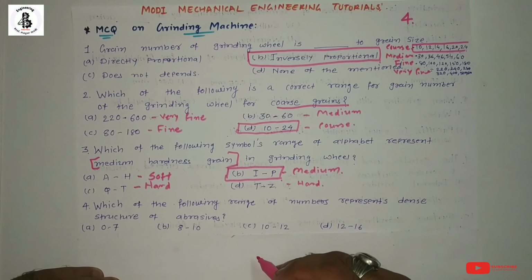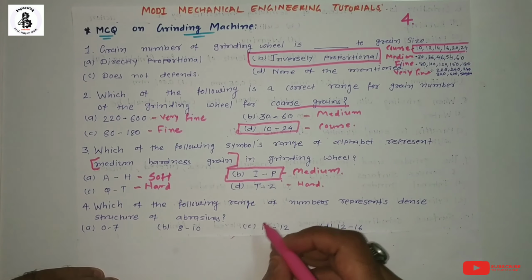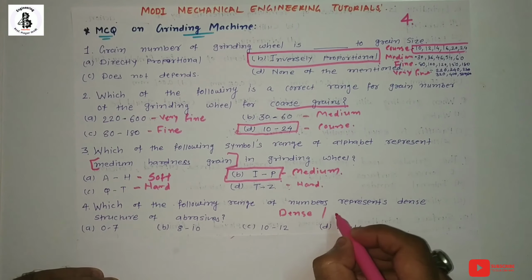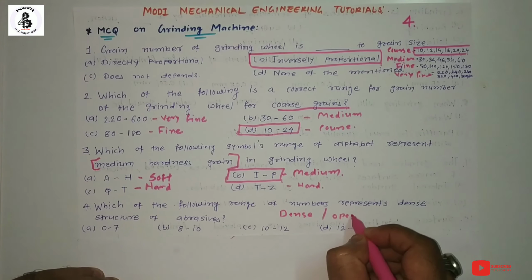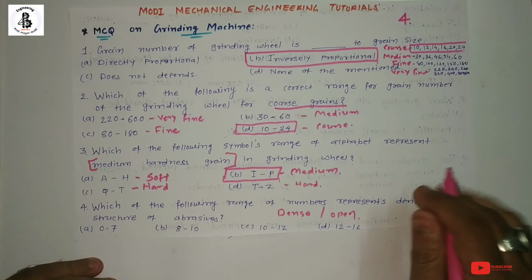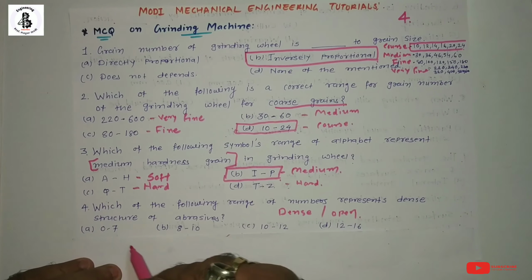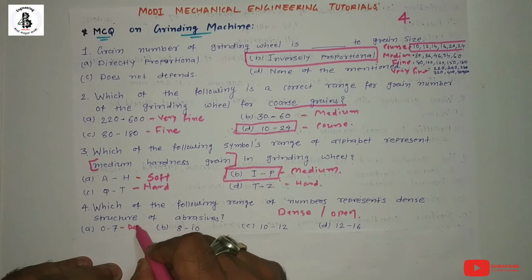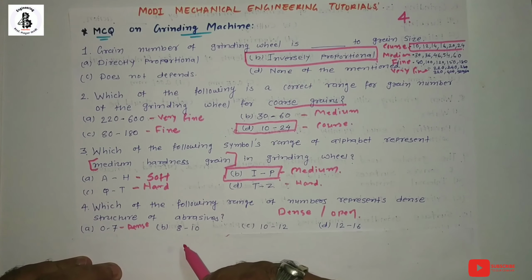Basically there are two types of structures, dense structure and open structure. So 0 to 7 is a dense kind of structure.